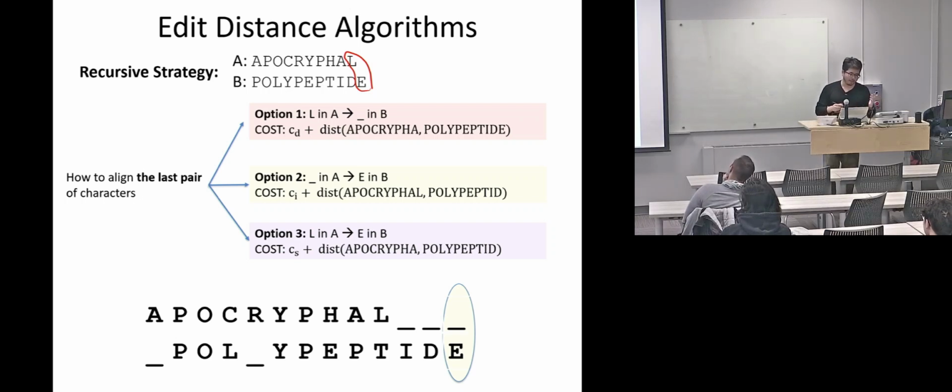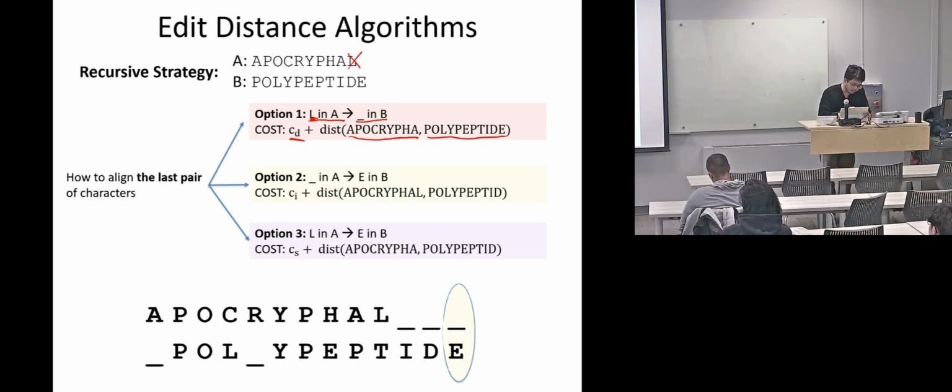Well, option one is that I'm just going to delete L to blank. In this case, I pay CD and I recurse on the whole word of B and everything in A except I delete L.